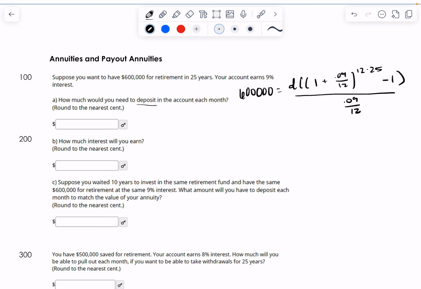Gosh, I wrote 12, but I said 25. Okay, so how much would you need to deposit in the account each month? You would do D equals 600,000 over this big fraction.